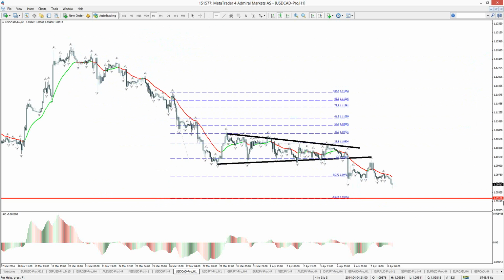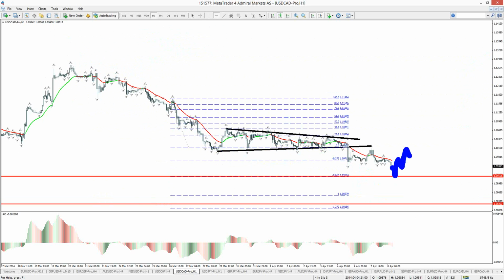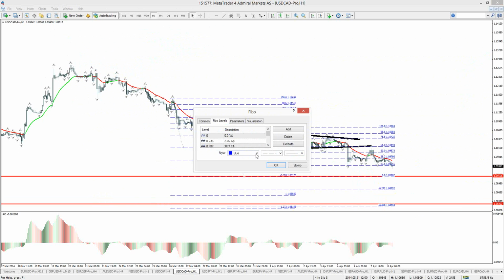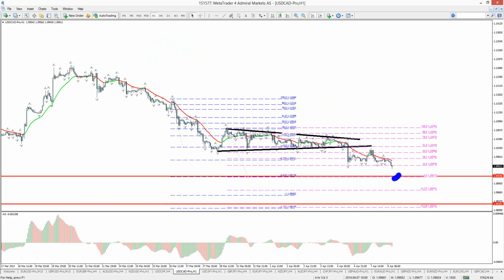What I would expect is some smaller pips down here, a bounce at this fib, and then one could actually fib from this top to the new bottom. Let me make it a bit different color. And when we bounce here, we should see a move to any of these fibs, in fact, and then one more move down to the 108.